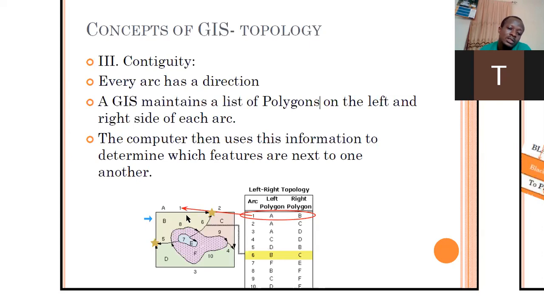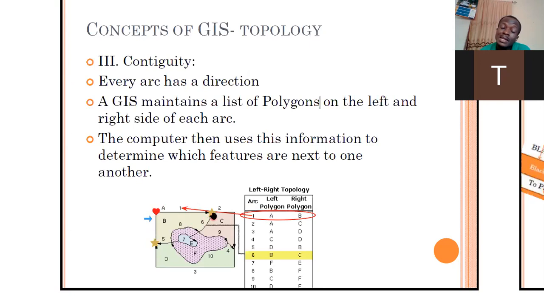Arc number one starts from the star, and then moves through where I've put the love sign, and then comes back down here. So first you have to identify the arc. Then when you have identified the arc, you can look for what is on the left or the right.